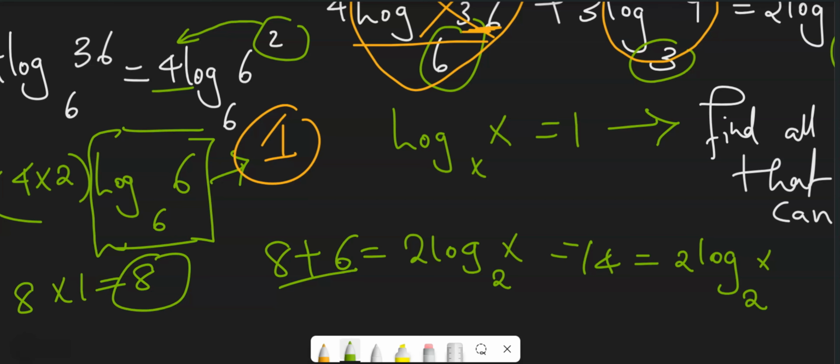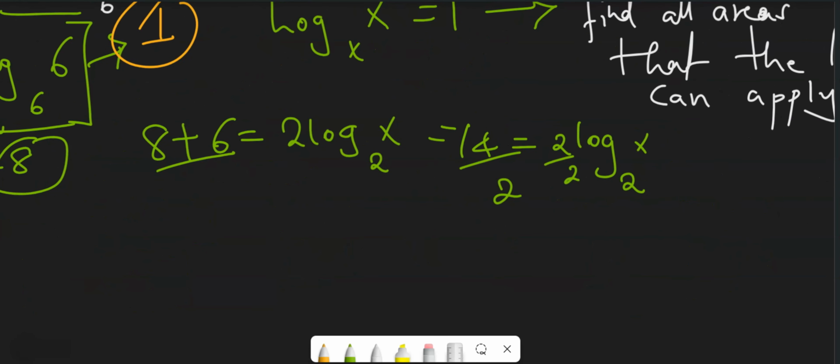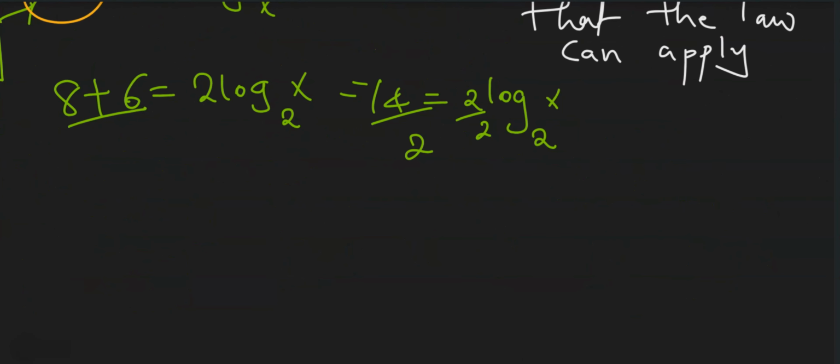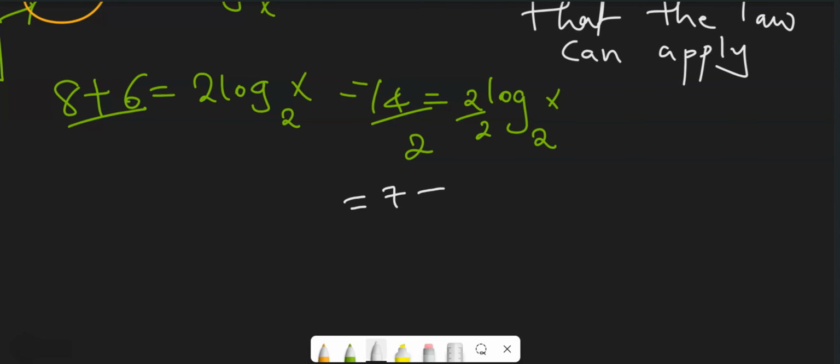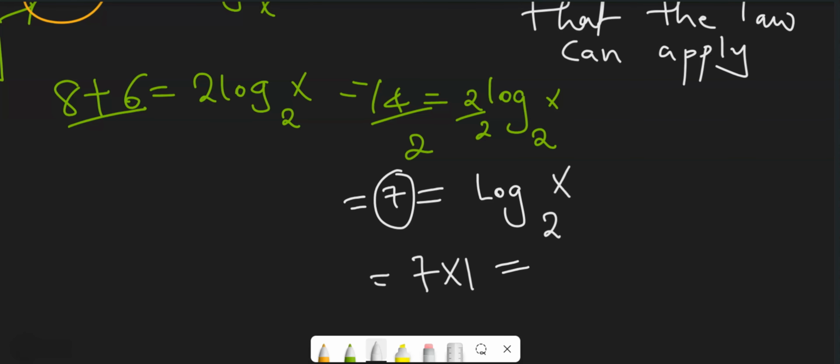So again, we can divide this by 2, to have 7 equals log x base 2. So now we need to change this 7 into something logarithm to base 2. So 7 times 1 can be equal to log x base 2.